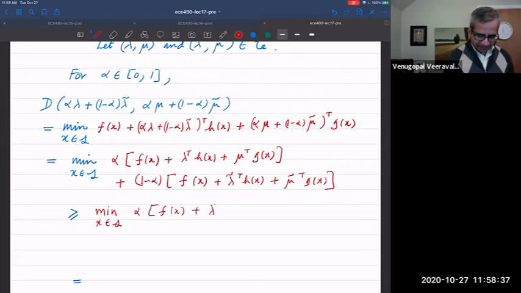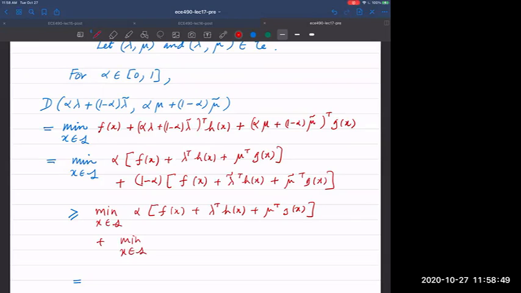Why is that? Can anyone give a quick explanation for why this is true? I think the sum of the minima has more degrees of freedom because the x's aren't tied between the functions.